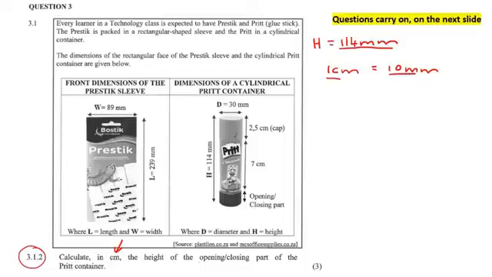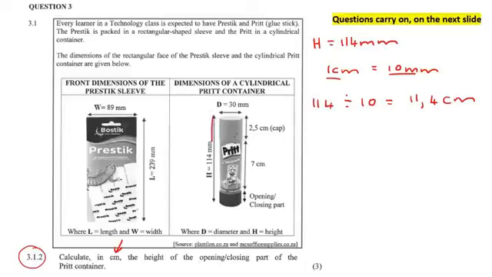So we're going to divide. We're not going to multiply, because then this number will become even larger. We're going to say 114 divided by 10, and that's going to give us 11.4 centimeters. So that is the total height of the glue stick. That's not our answer. Now, we know that this part is 2.5, and we know that this part is 7.